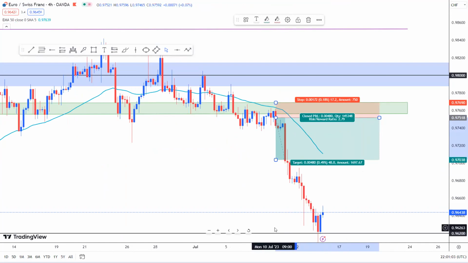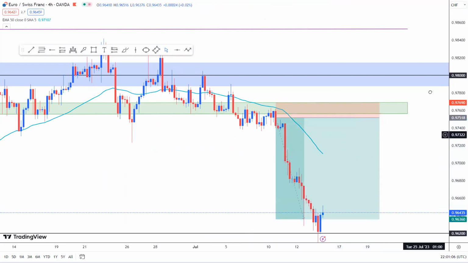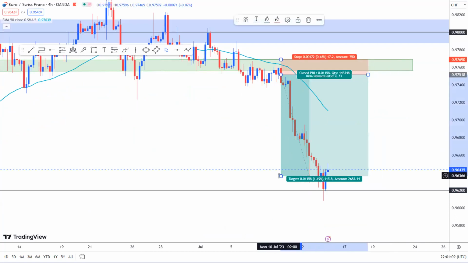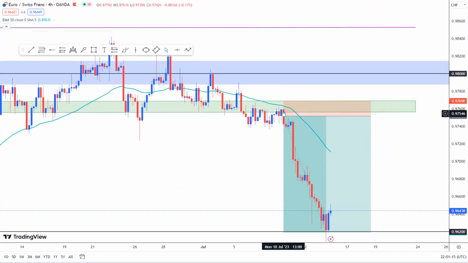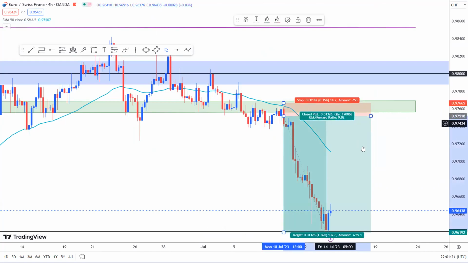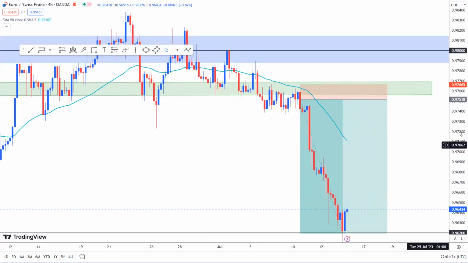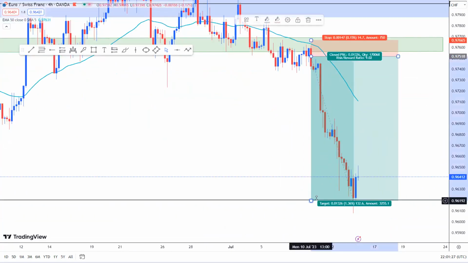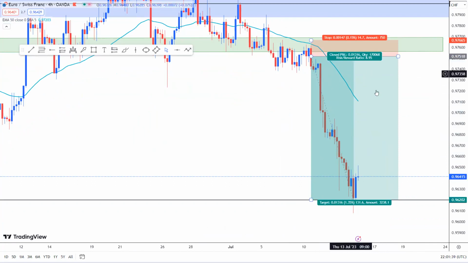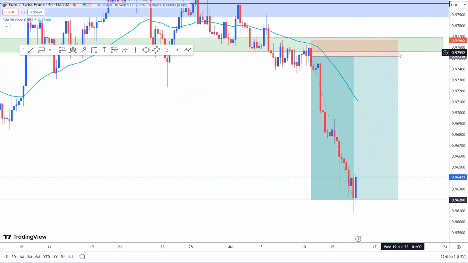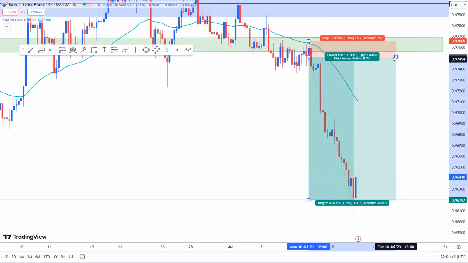And as soon as I had my entry on that, I had to patiently wait for price to come right into my take profit level, holding this for a little over 4 days. And as you can see, presenting me a 1 to 9 risk to reward on this right here.